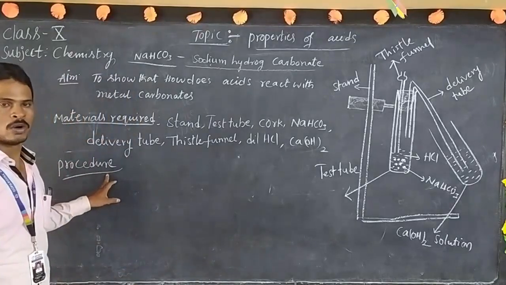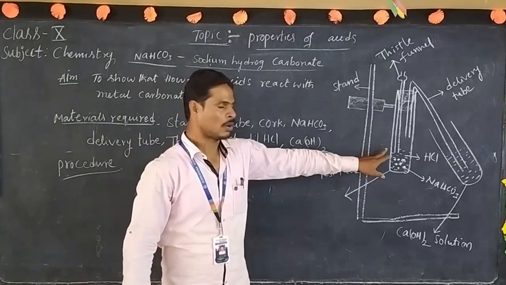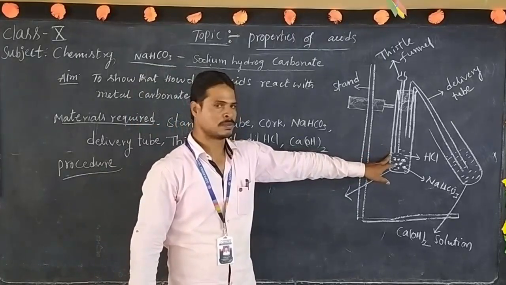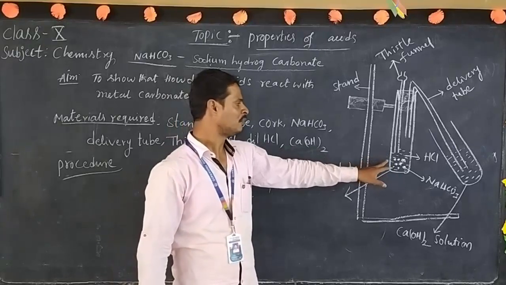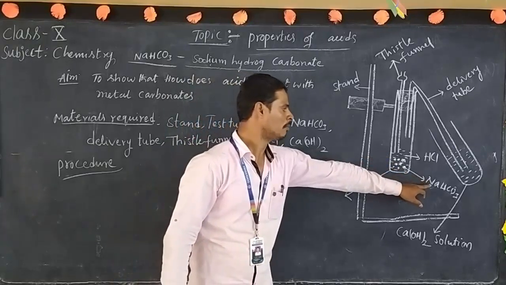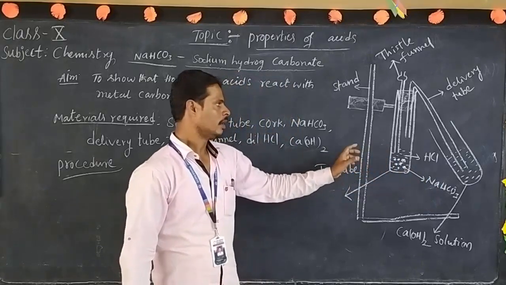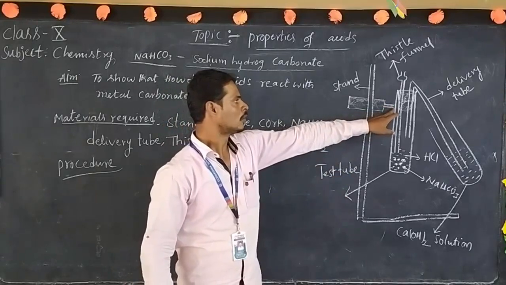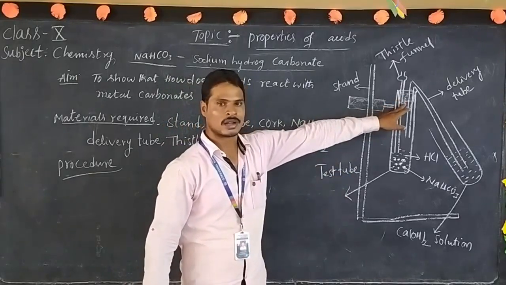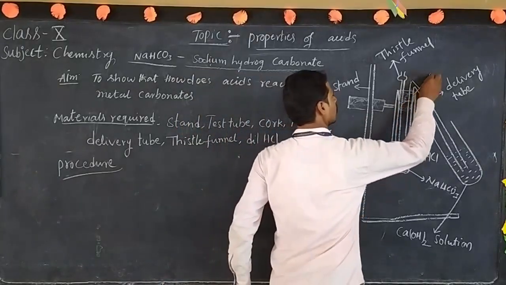Now I will explain the procedure one by one. Point number one, take a small test tube, then add a few grams of sodium bicarbonate in the small test tube. Next, point number three, the test tube mouth is closed with the cork. It has two holes.